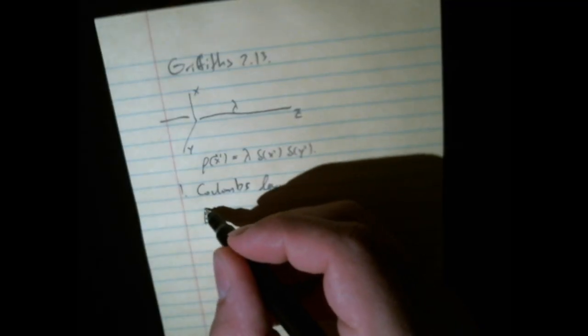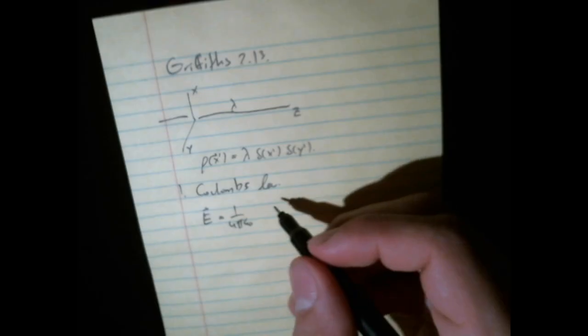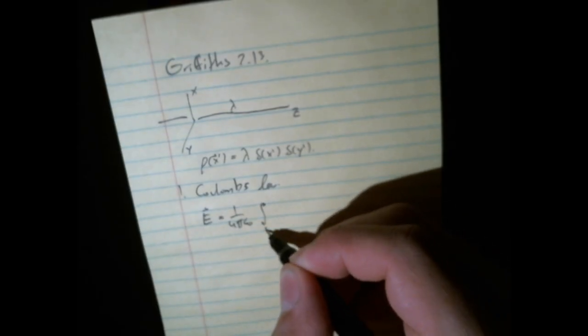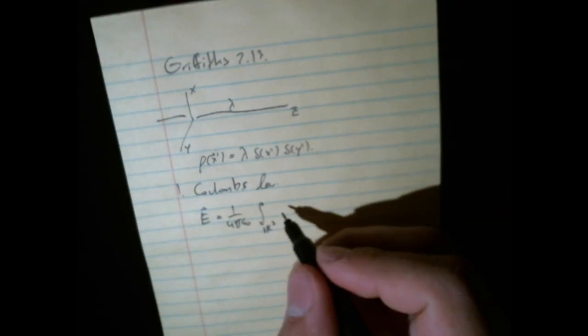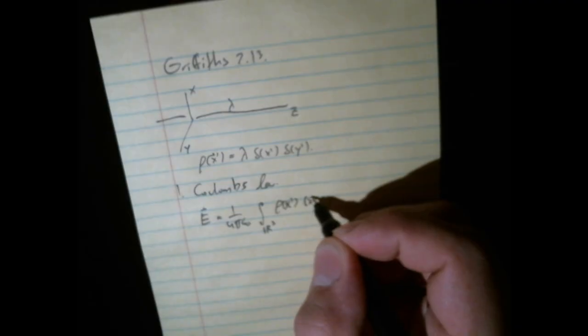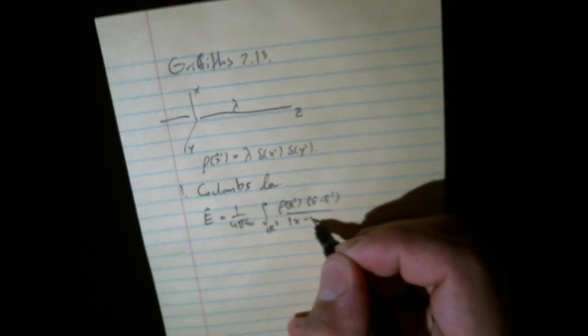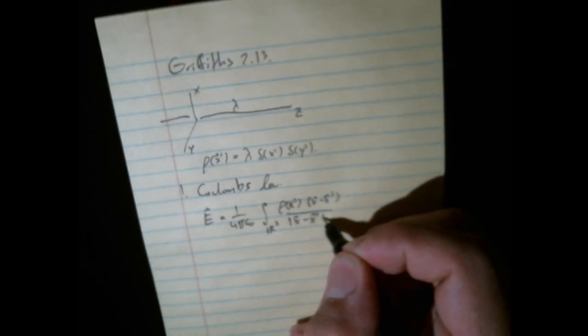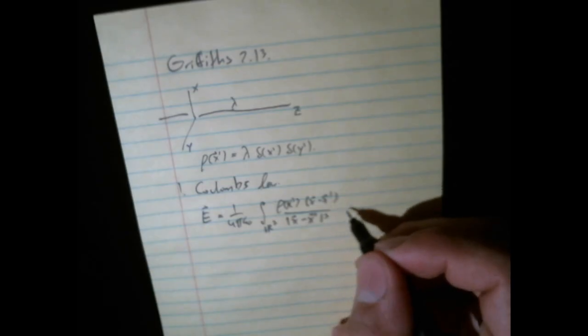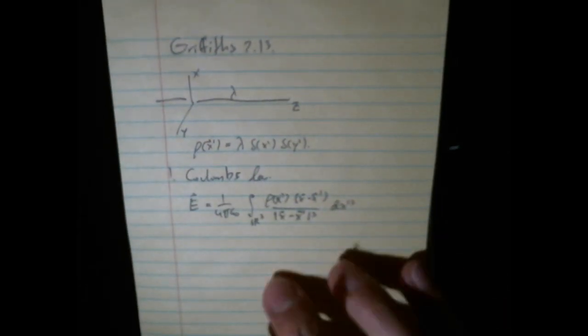So we can write down Coulomb's law as 1 over 4 pi epsilon 0 times the integral over all space, charge distribution of x, separation vector, and then magnitude, and this forms the unit vector, and then we can integrate over all space.